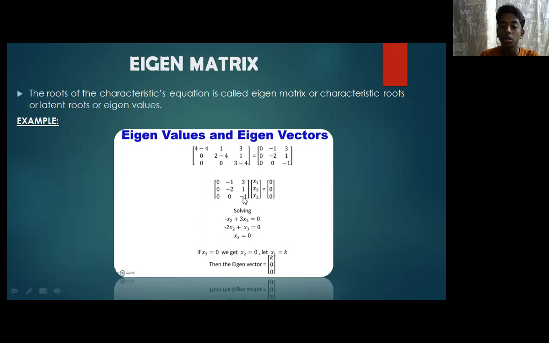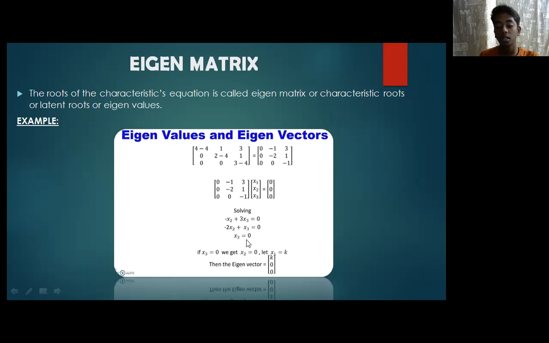So we multiply the obtained matrix with x is equal to 0. Solving that, we get equations. The first row can form an equation, the second row can form another equation, and the third row can form another equation, which are the first, second, and third equations respectively.